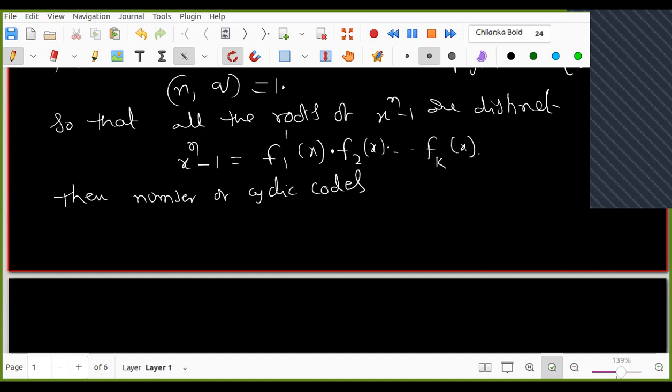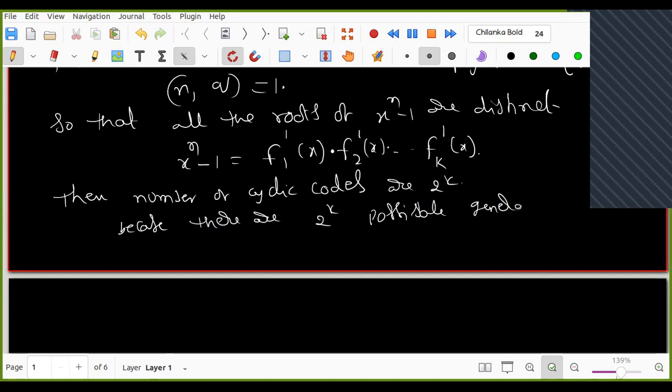But these are to the power 1, right? Because they are distinct. The number of cyclic codes is 2 power k, because there are 2 power k possible generator polynomials. Yeah, I'm just recalling one more time.